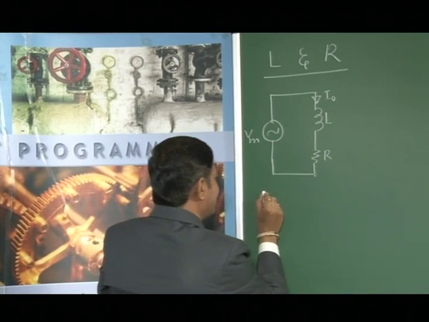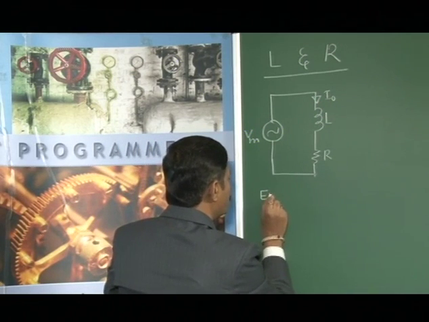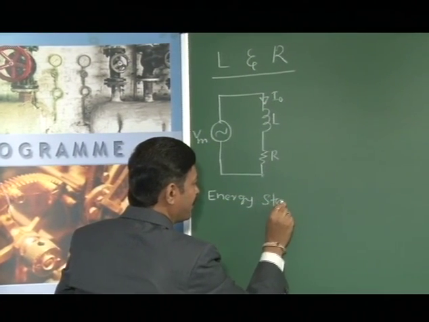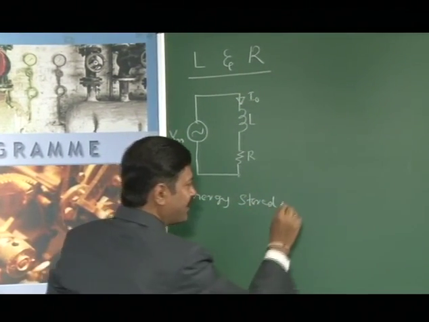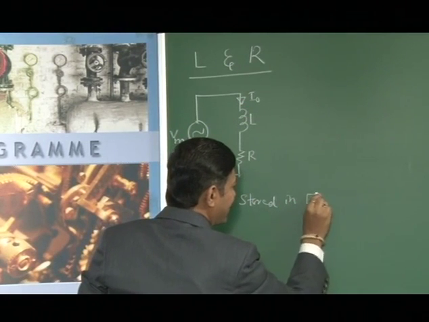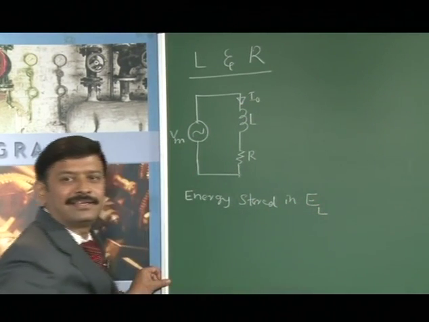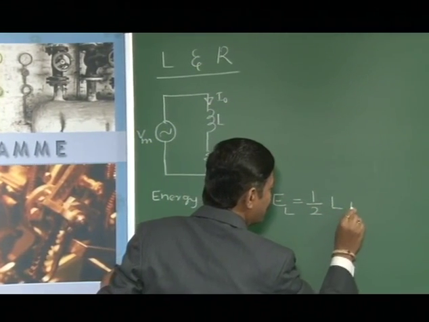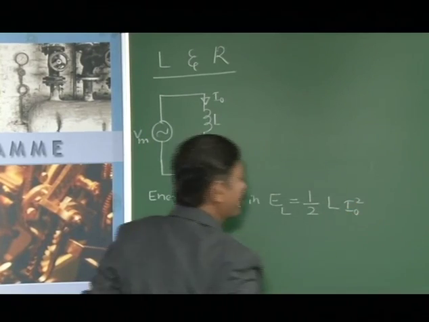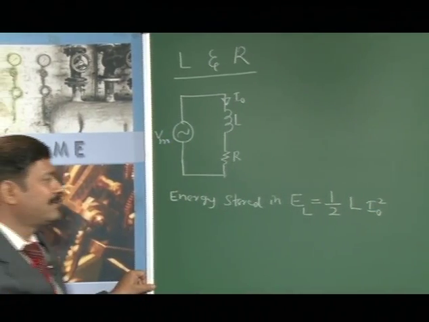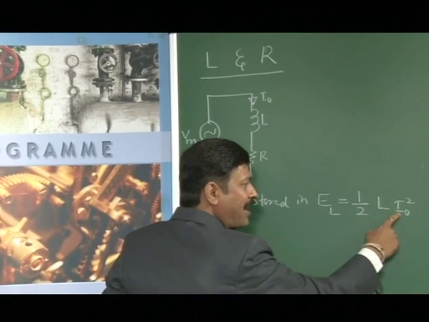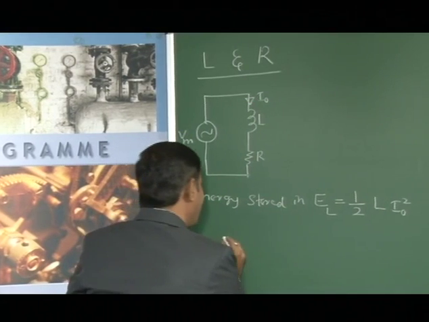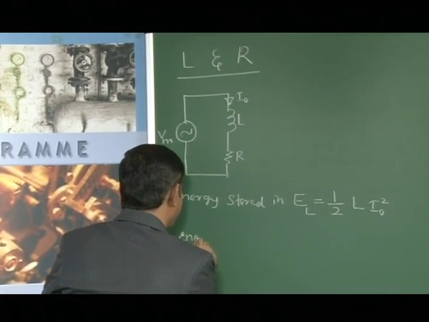I will take the energy stored in the inductor, I will call it EL, is equal to half into L into I naught square. I naught is the current flowing through the inductor.